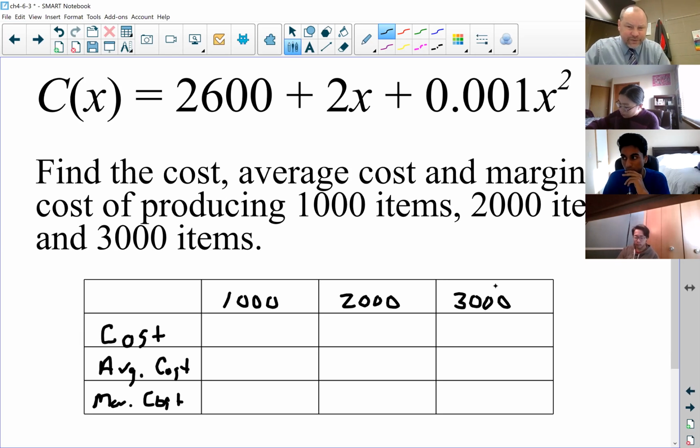And to be honest, I would do this just on the calculator.